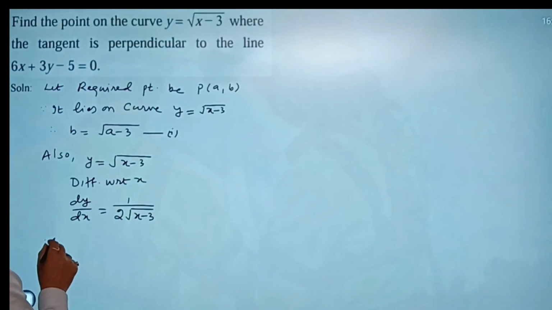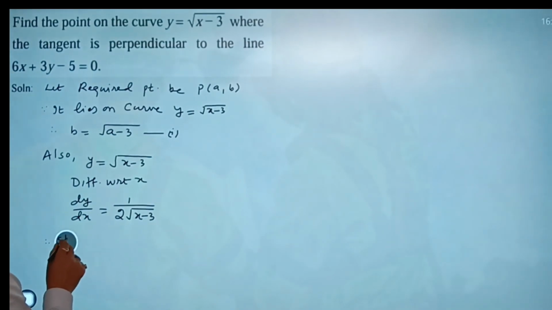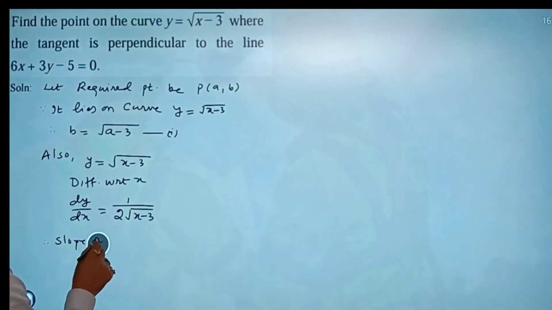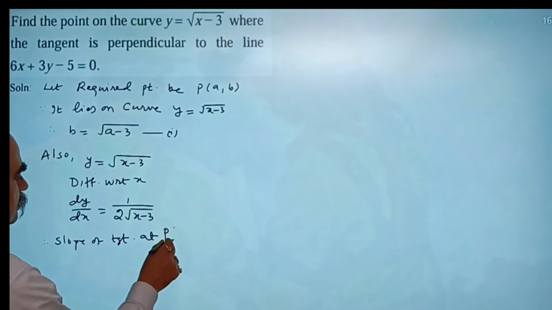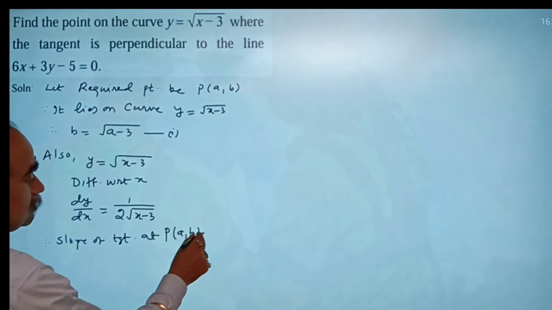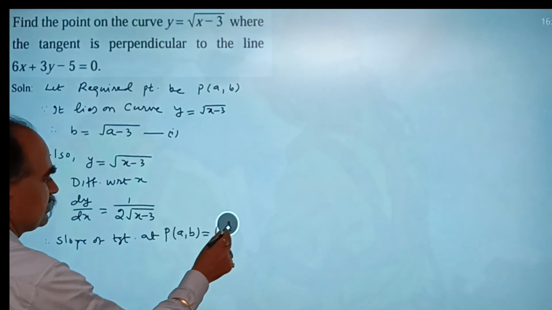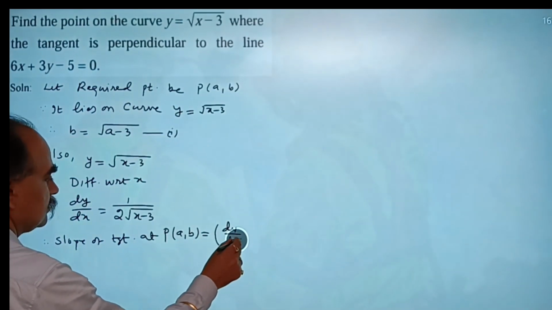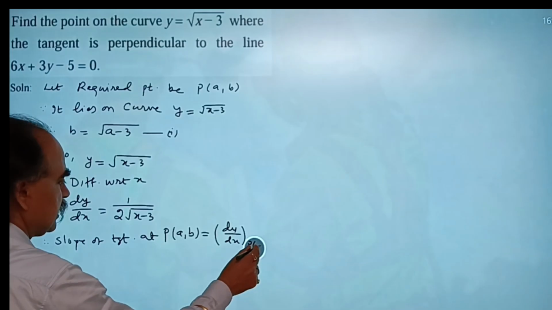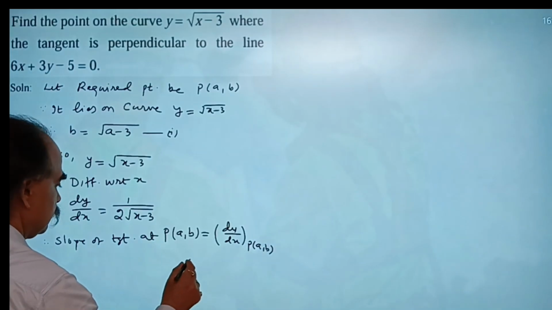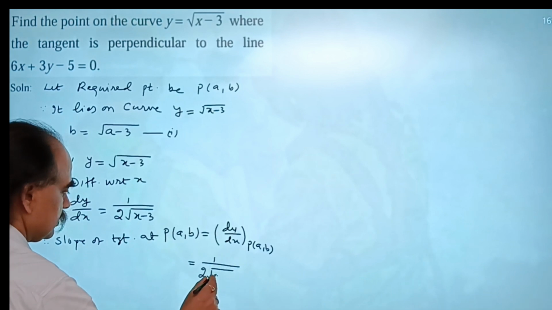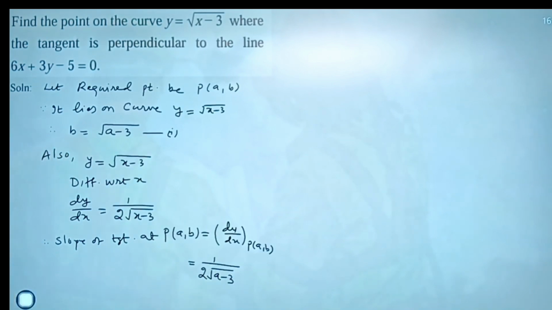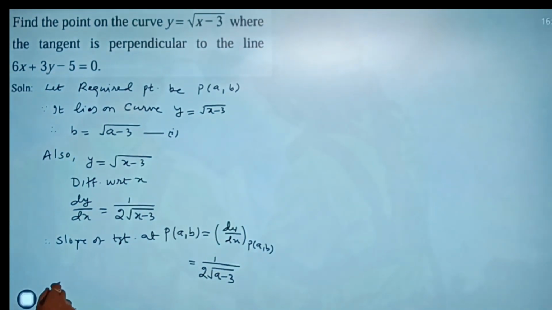So slope of tangent at P(a, b) is equal to dy by dx at P(a, b), which will be 1 upon 2 root a minus 3.